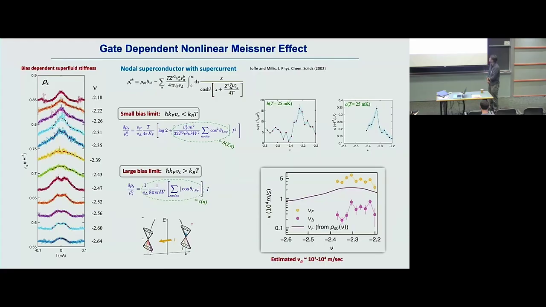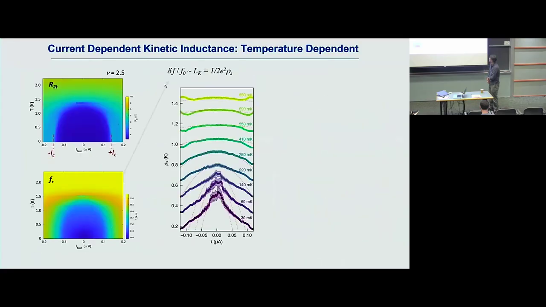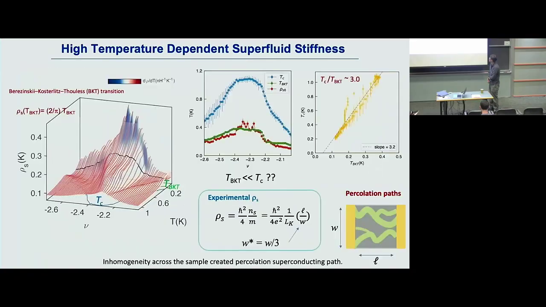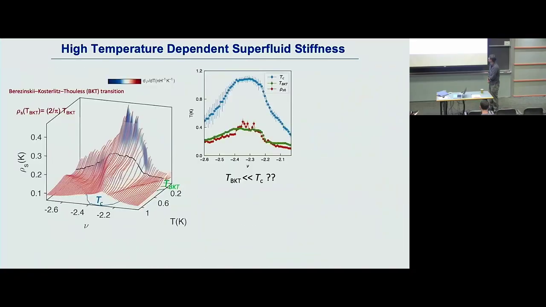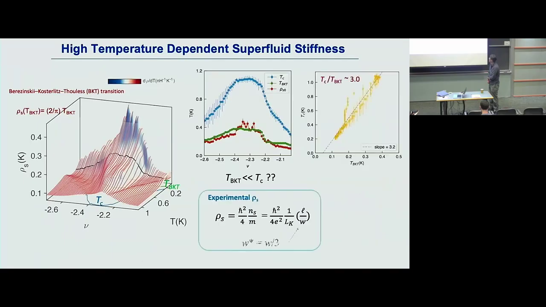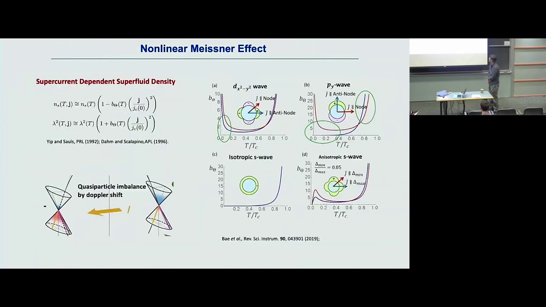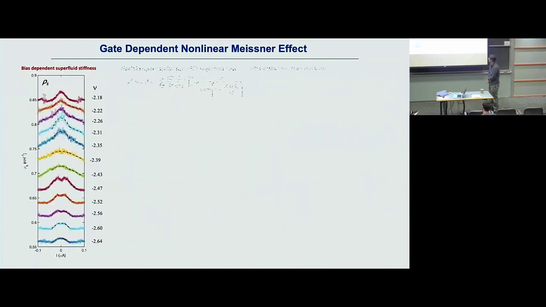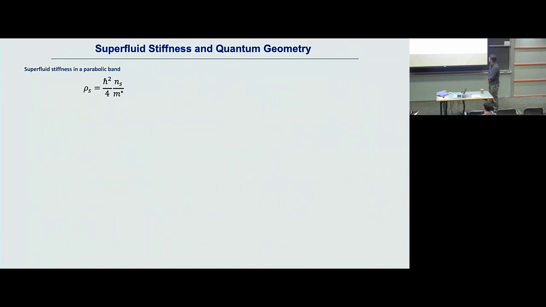One is the number of carriers that you have, and the other is the energy you need to twist the phase. In particular, in BKT physics, the smoking gun of a BKT transition is a clear jump of the superfluid stiffness at the critical line, 2T over pi.